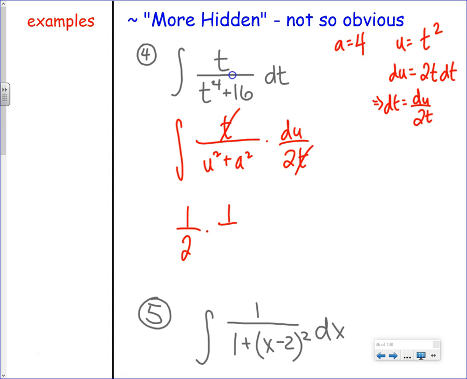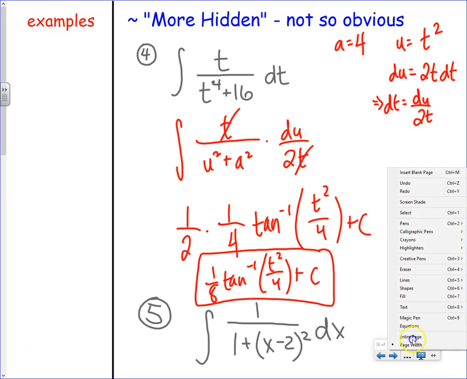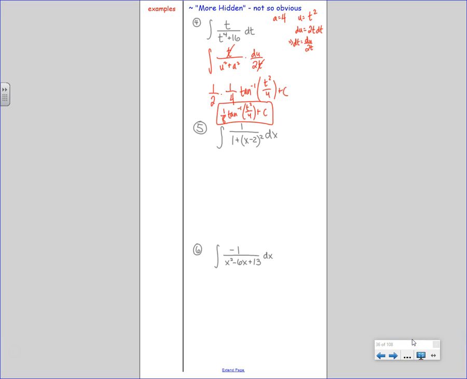Isn't this going to be 1 over a times arctan of u over a? So I'll end up with 1/8 tangent inverse of t squared over 4. And remember, when that over 4 is inside the inverse tangent, I can't just randomly pull it out. He's stuck, I leave him in there. The 1/8 is outside, the 1/4 is inside.